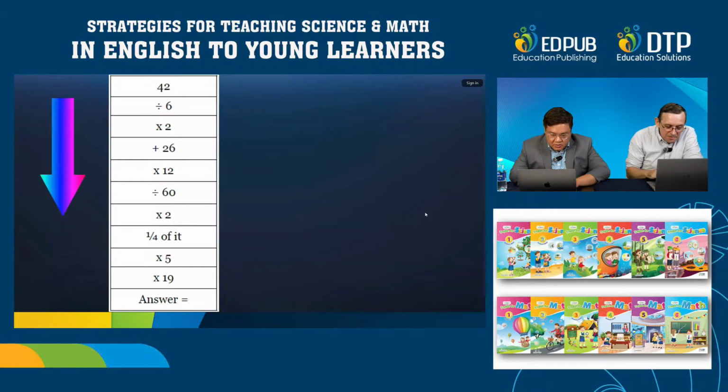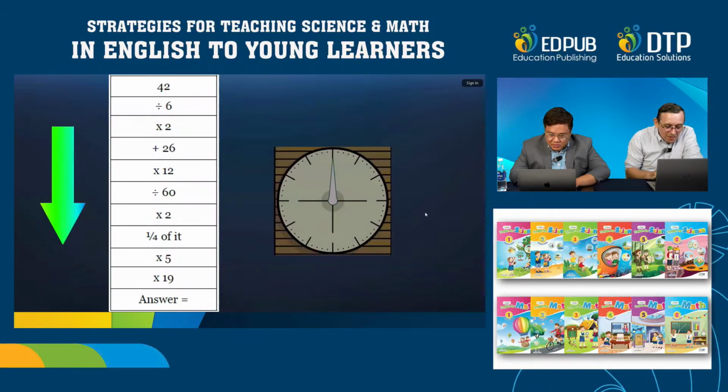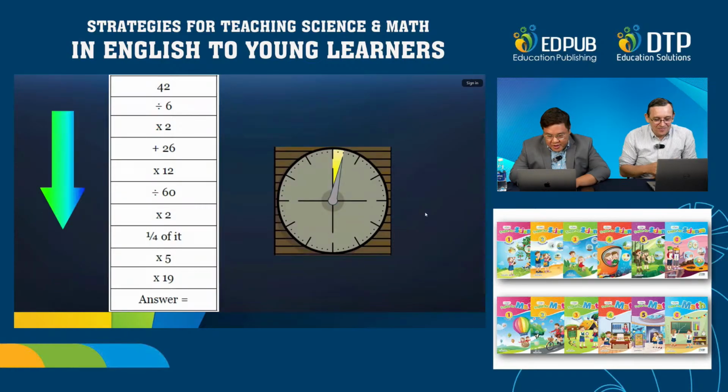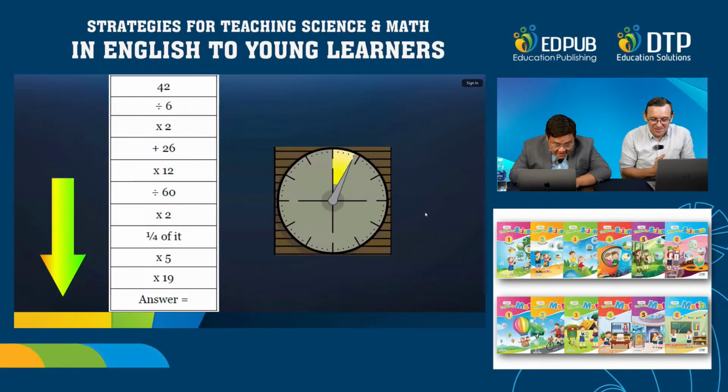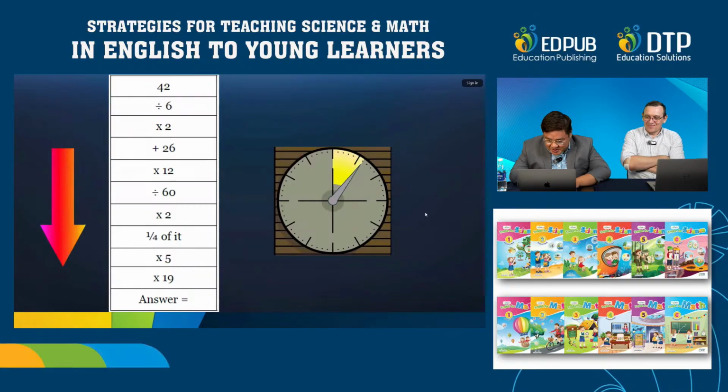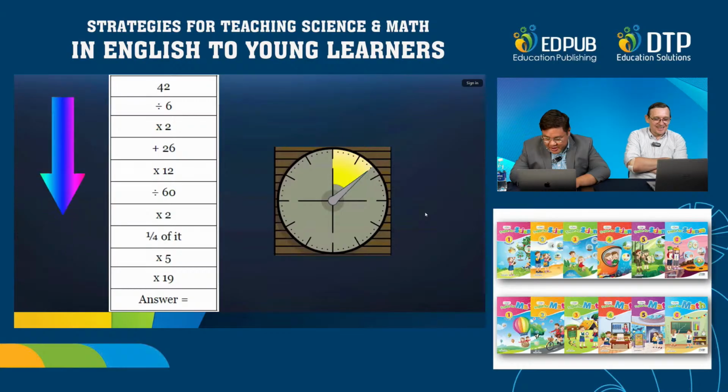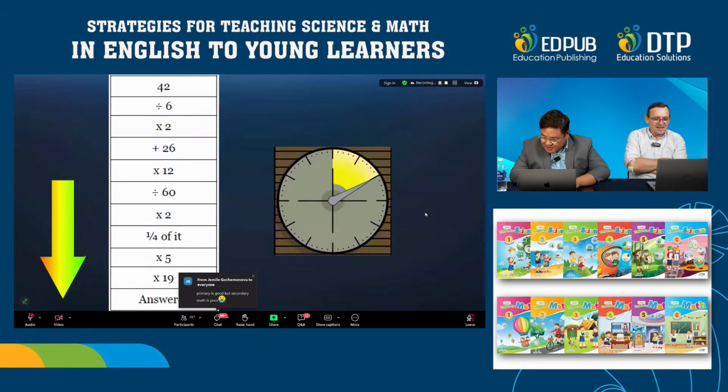I'm going to give you 1 minute to do it, okay? All right. Time starts now. 1 minute with a lot of calculations. So when you finish, just type in the answer in the chat box. Pressure is on. Primary is good, but secondary math.